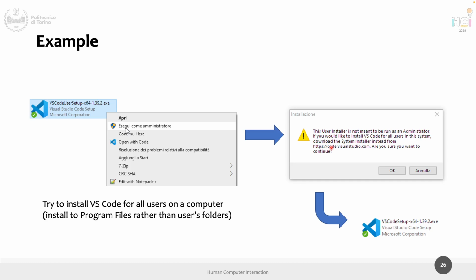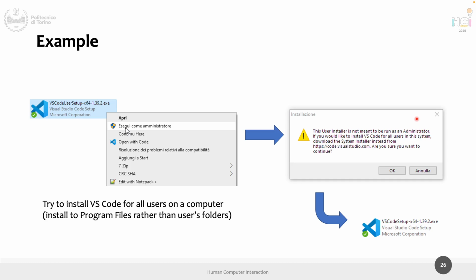Problem. If you want to install Visual Studio Code for all users in the system, solution: download the system installer instead from the link.